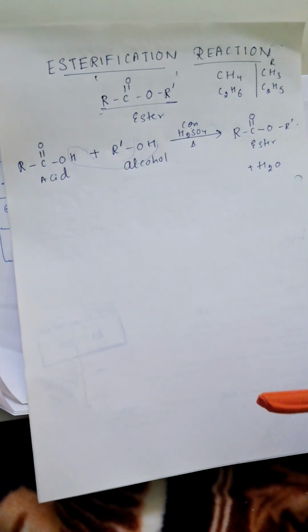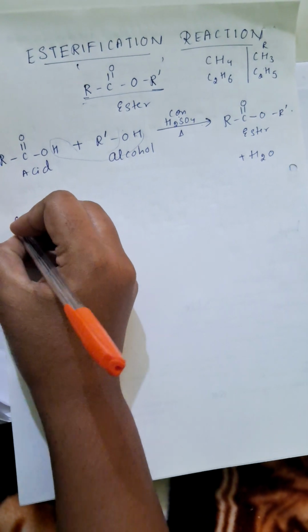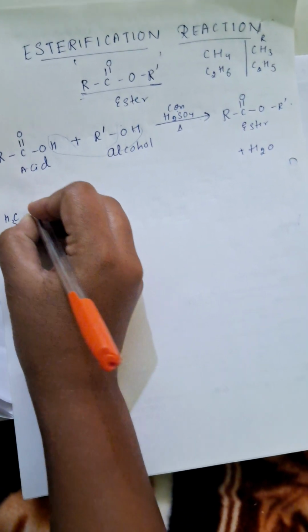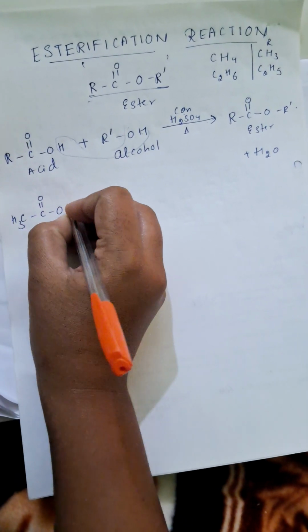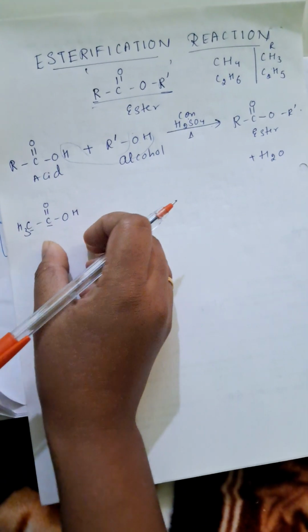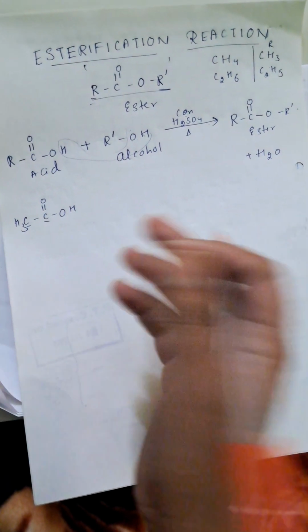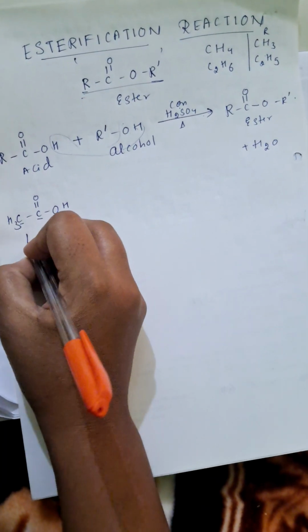Let's take an example. For the acid, we can take ethanoic acid, CH3, C double bond OH. In the main parent chain I have two carbon atoms, so it is called eth, and since it's a single bond, ethane, so it is known as ethanoic acid.